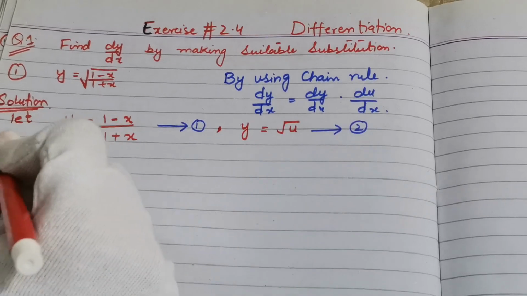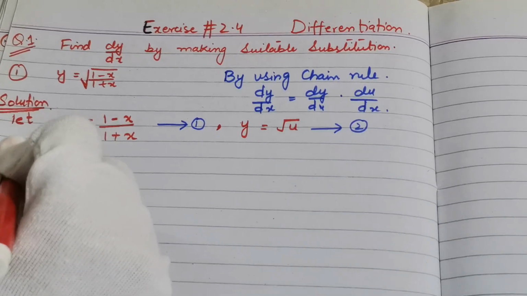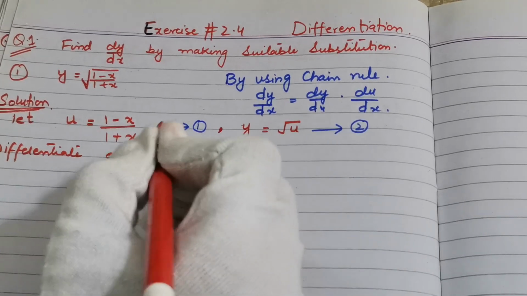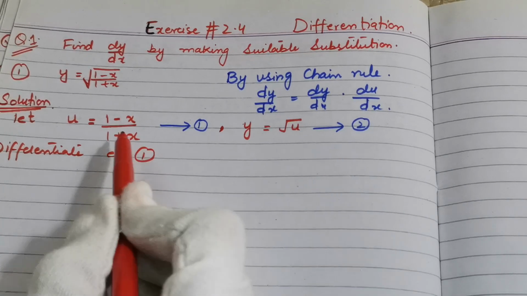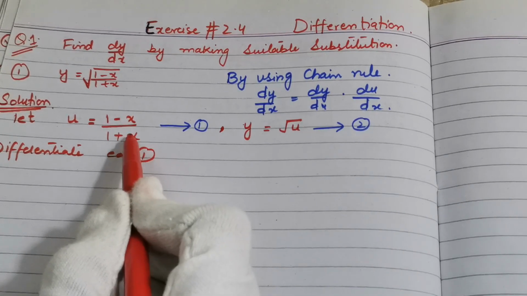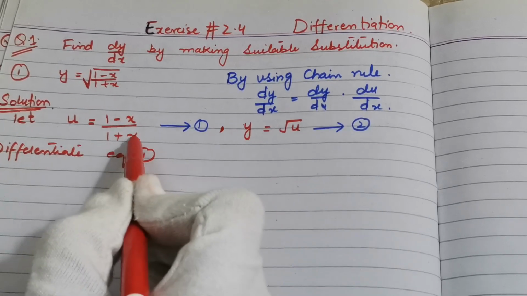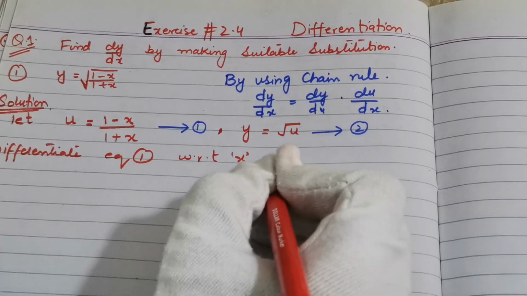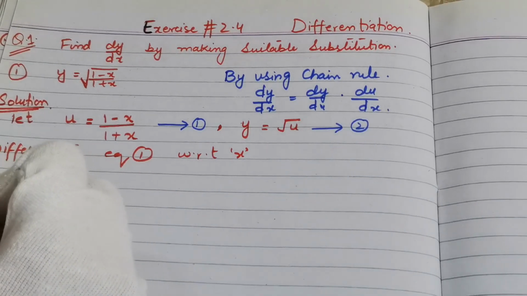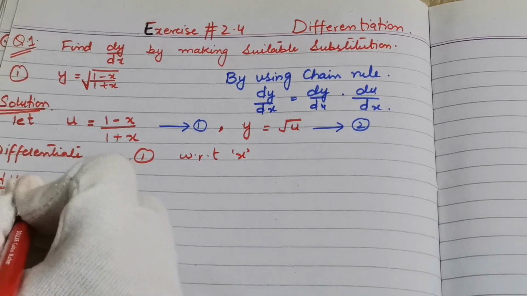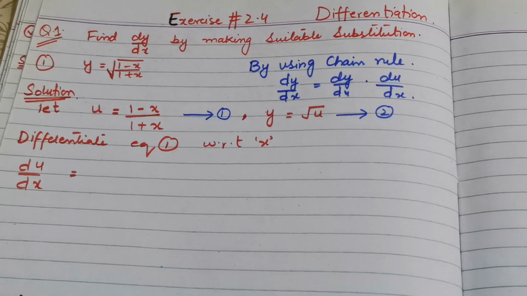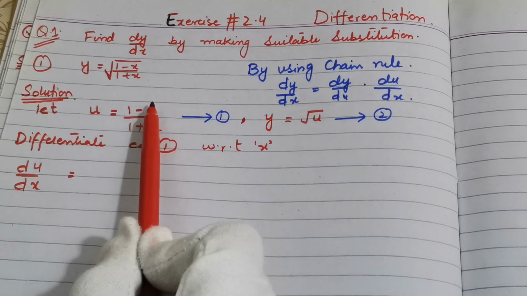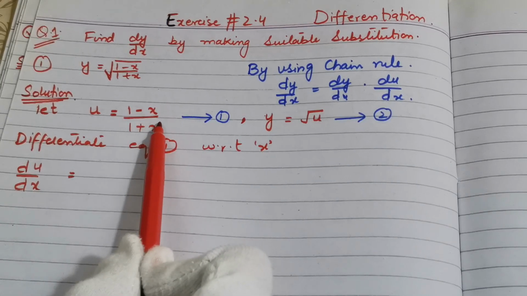First of all, we solve for equation 1. Differentiate equation 1. Here you can easily see that the variable is x, so we will differentiate u with respect to x. So du by dx is equal to, now we can see that the two terms are in the form of a quotient.